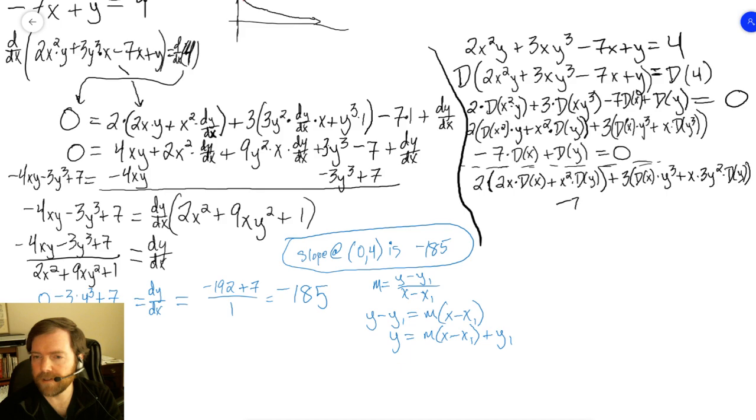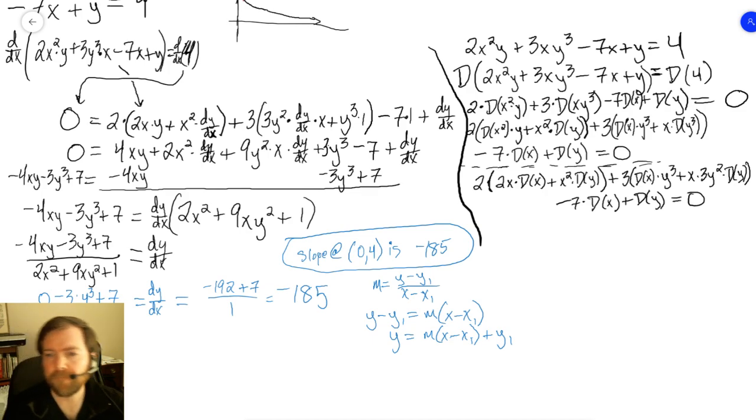Okay, minus 7 times the derivative of x plus the derivative of y. So if you use the differential operator, instead of doing a specific derivative, then you can just do it very generally and treat all of your variables as if they're variables.